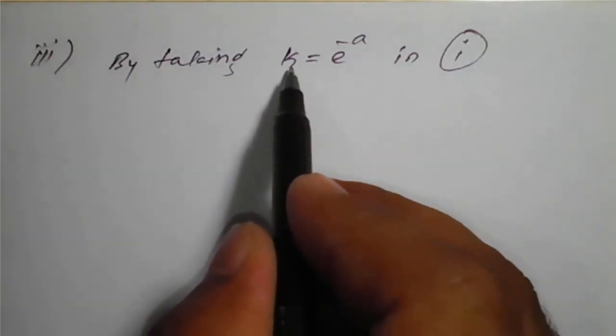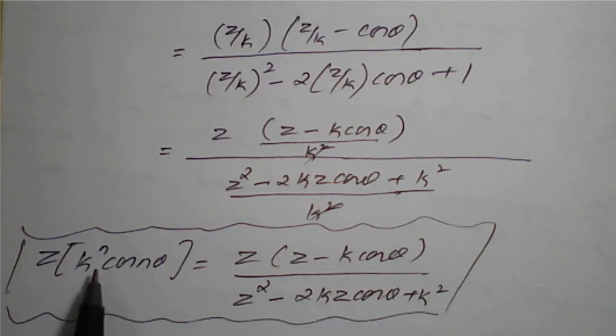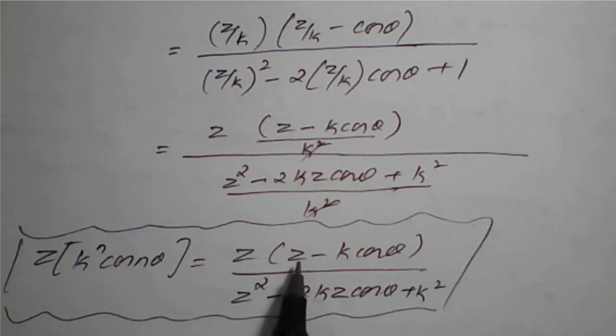In deduction 1, if you replace k equal to e raised to minus a, so what is deduction 1, we'll see now. So this is our deduction number 1, that is z transform of k raised to n cos n theta is equal to z into z minus k cos theta whole divided by z square minus 2kz cos theta plus k square. So this is the deduction 1.